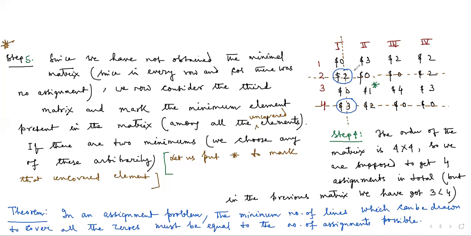So these covered elements will remain the same. Apart from those elements which appear at the intersection or junction point, other covered elements will remain the same, but the junction points will be changed by adding the minimum element 1 to them. So this will become 2 plus 1, 3, and this will become 3 plus 1, 4. And this minimum element will be subtracted from all the uncovered elements present in the matrix, including itself.